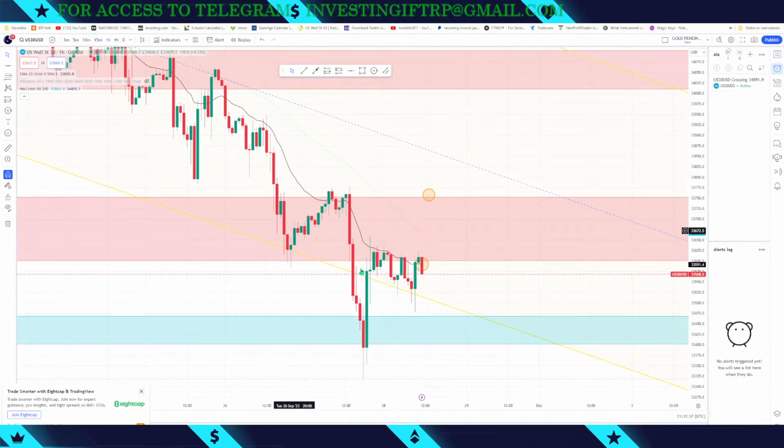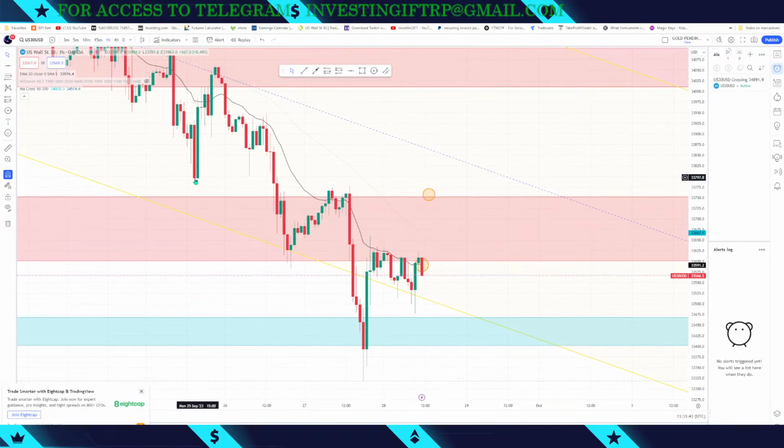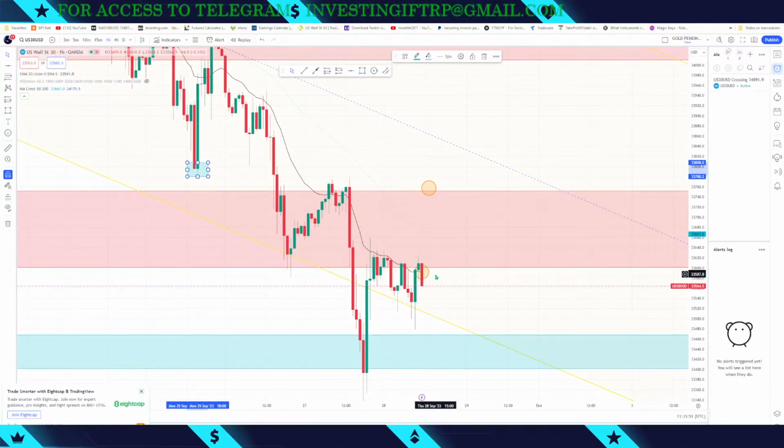So the last thing I was going to mention was candle closes and opens. So for example, we have this here. What do you notice on candles? On each candle you usually have wicks to the top and to the bottom.